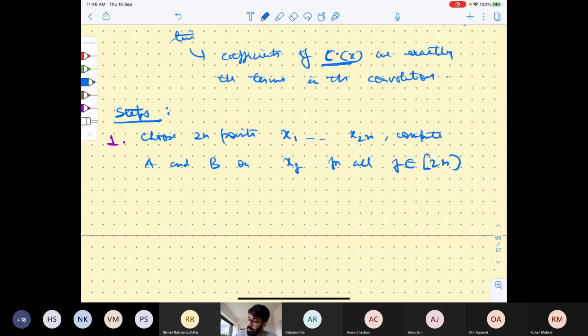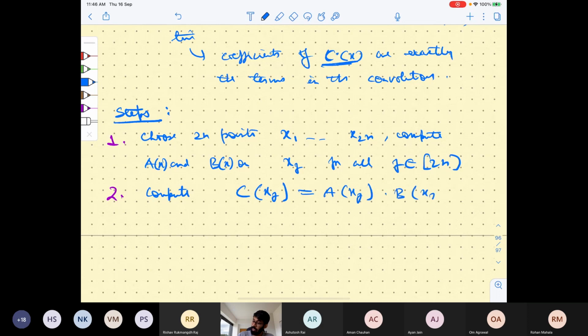So you compute A(x) and B(x), to be more precise, on xj for all j on all these 2n points. Then compute C(xj) is equal to A(xj) times B(xj), again for all j in 2n.